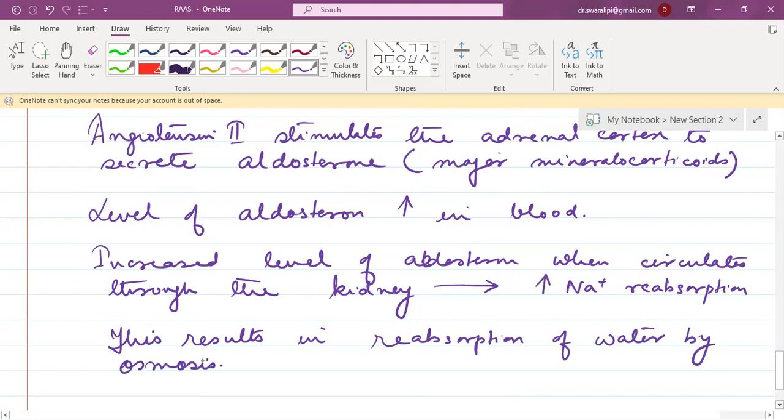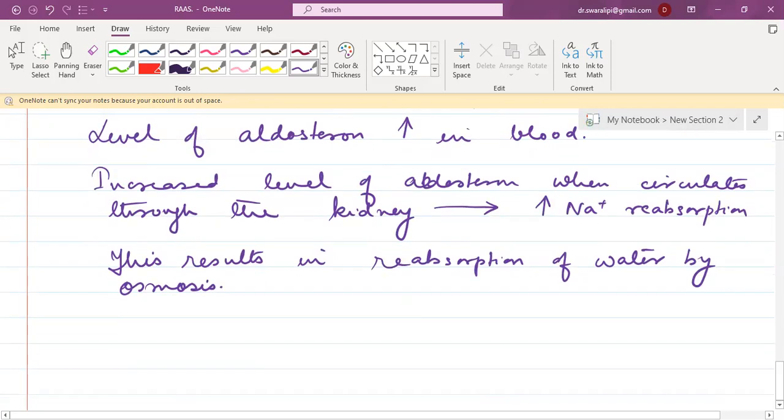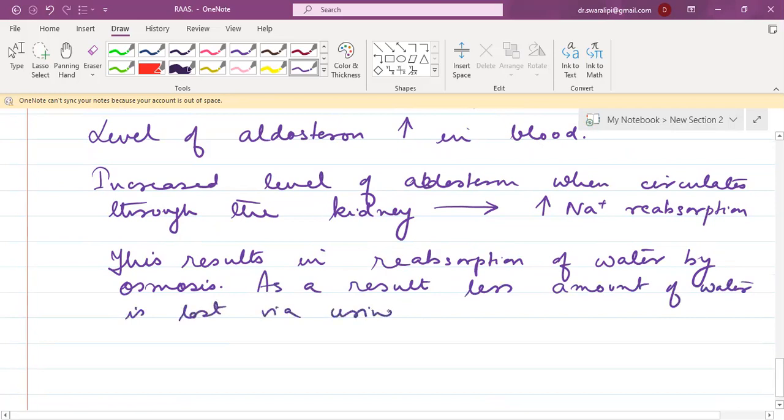Now what happens? If water is reabsorbed, less amount of water is allowed to get lost in the urine. So as a result, less amount of water is lost via urine, or it is concentrating the urine.